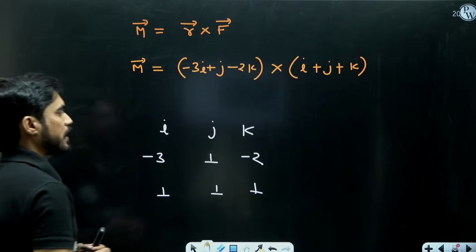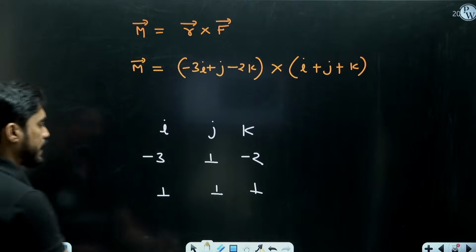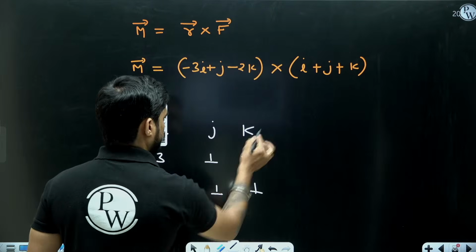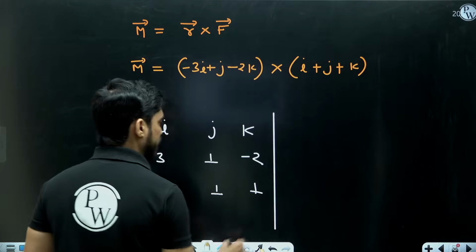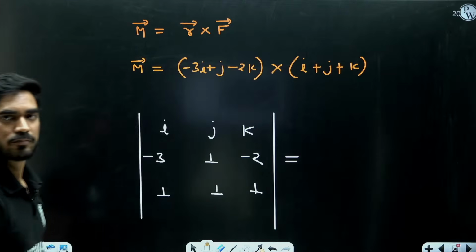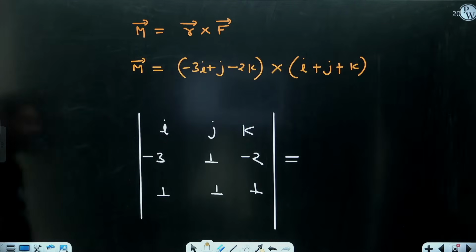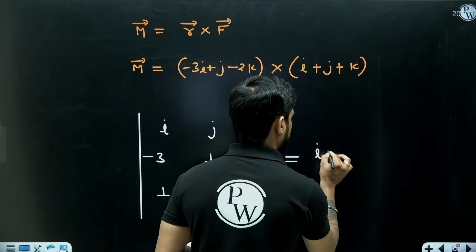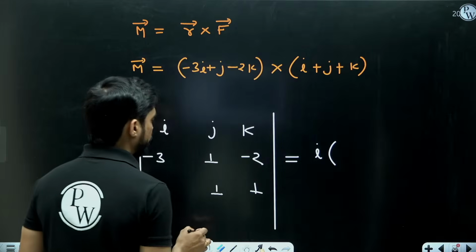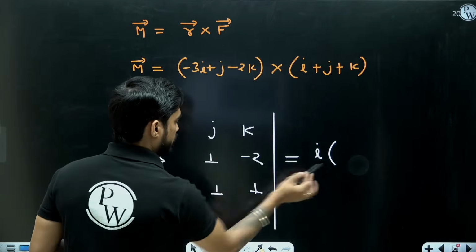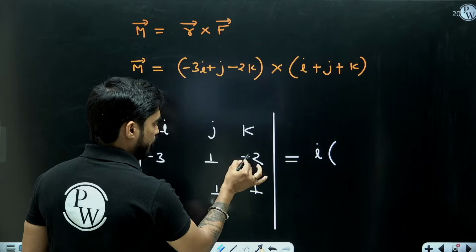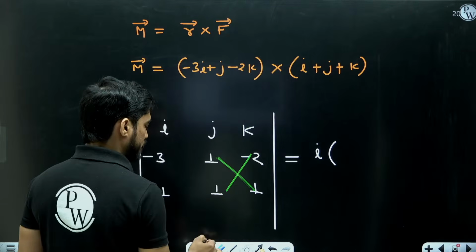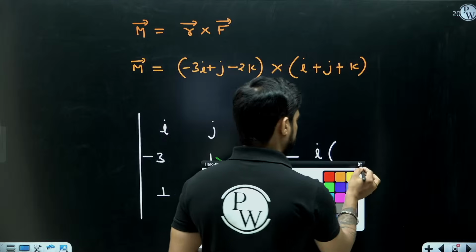Now you need to find the determinant of this. Do you know how to find the determinant? What you need to do is i multiplied by this into this minus this into this, so it will be 1 into 1 minus 2 into 1.